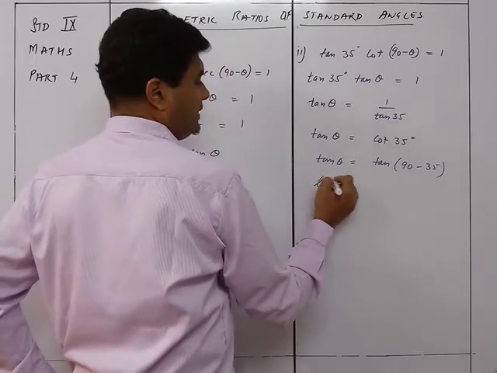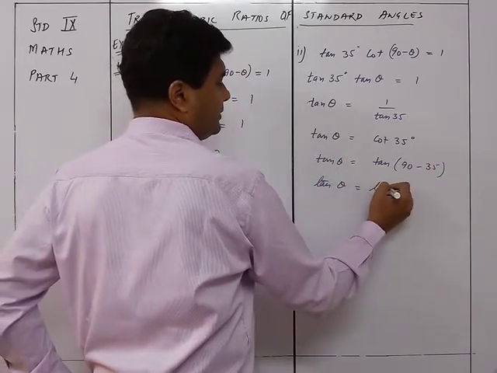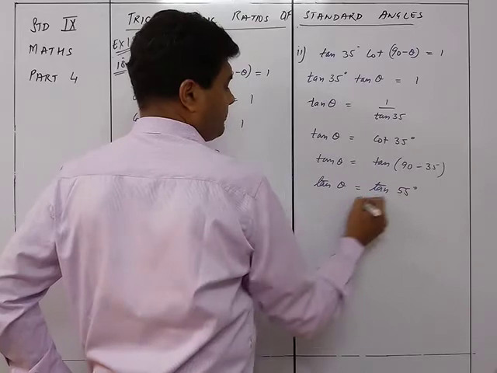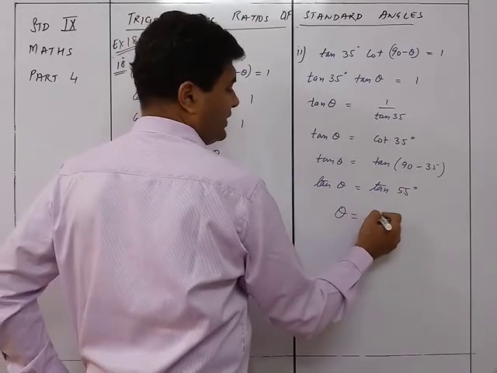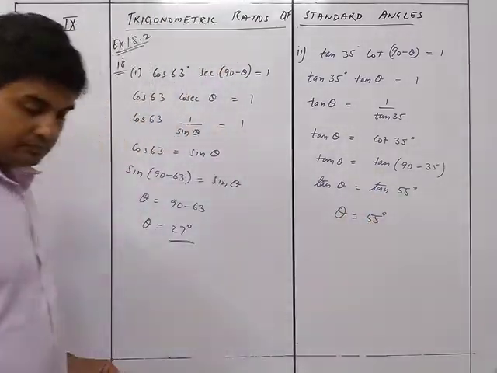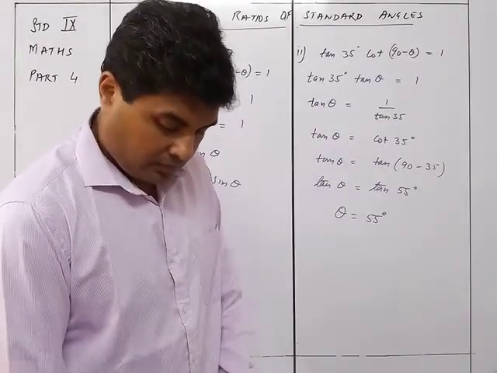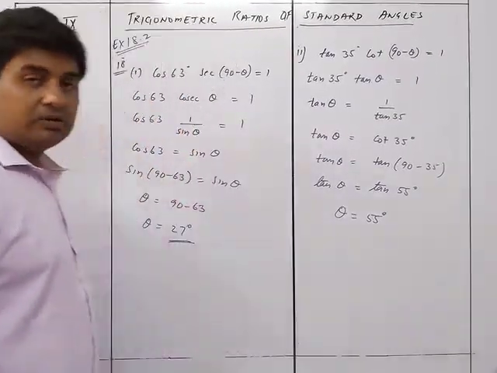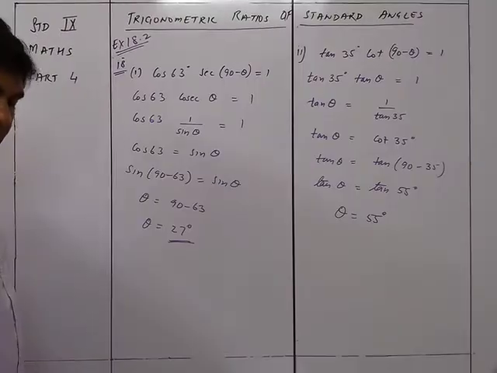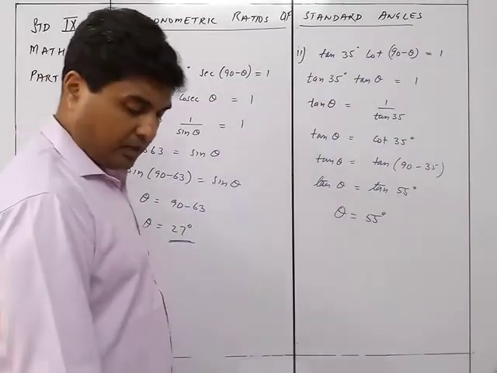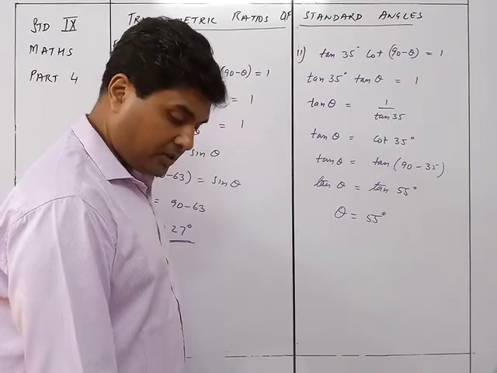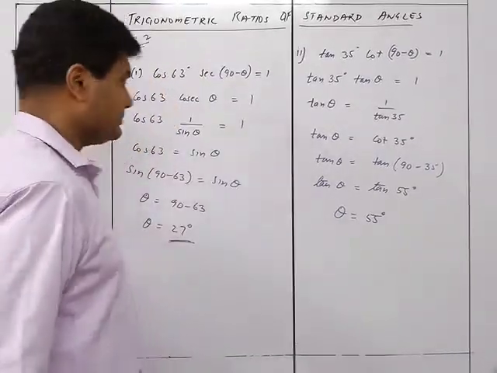So tan theta is equal to tan 55. So theta is equal to 55 degrees. Clear? So that was about sum number 18. We now move on to the last sum of the chapter, that is 19th sum.